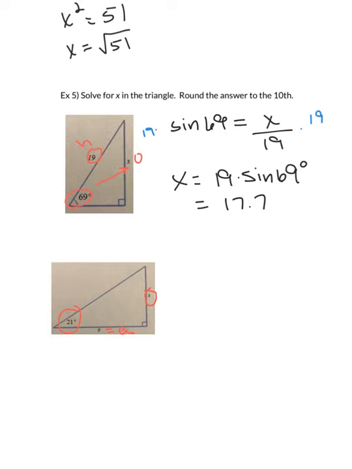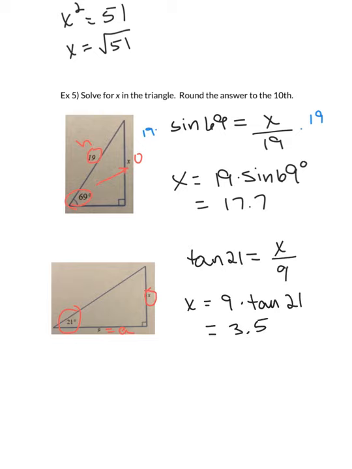So we are going to set up an equation that says that the tangent of 21 degrees equals the opposite x over the adjacent, which is 9. This one will solve just like the last one, so x will equal 9 times the tangent of 21. If you put that in your calculator and round to the 10th, you should get 3.5.